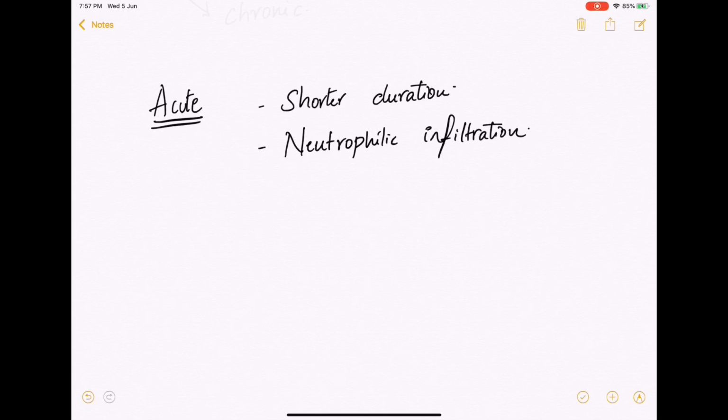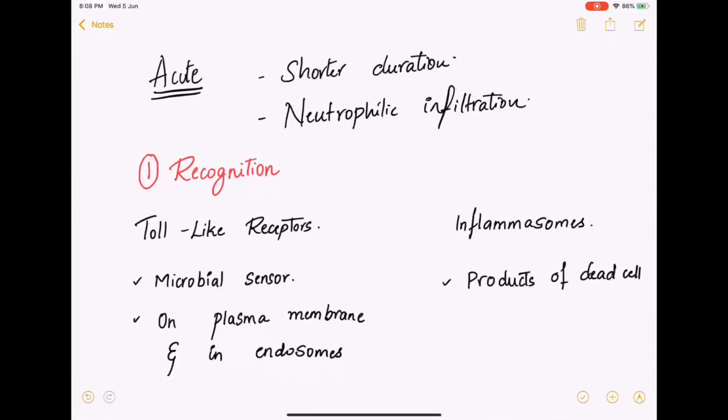The first step in acute inflammation is recognition of the stimulus. The body should first of all understand that there is something happening at a particular site where the inflammation has to be brought about. For that purpose, we have two main things we're going to be talking about now: the toll-like receptors and the inflammasomes. The toll-like receptors are going to recognize the microbial antigens.